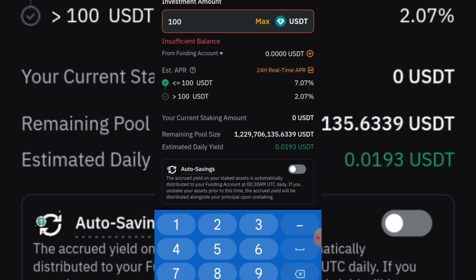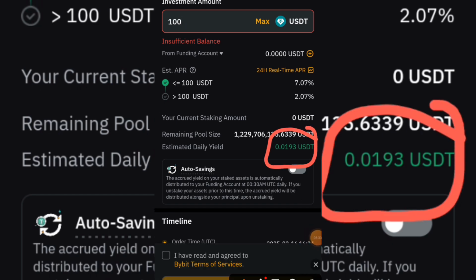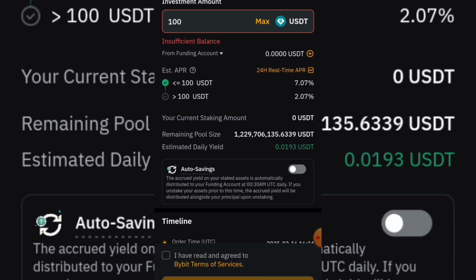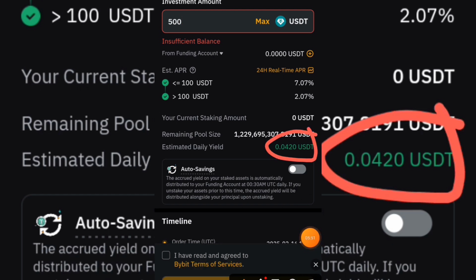And then we have $100. When you invest $100, that means you are making 0.01. So let's say you have some money that you deposited here, you'll be making this 0.01. Let's see for $500. If you deposit $500, this is how much you'll be making per day. That's 0.04.